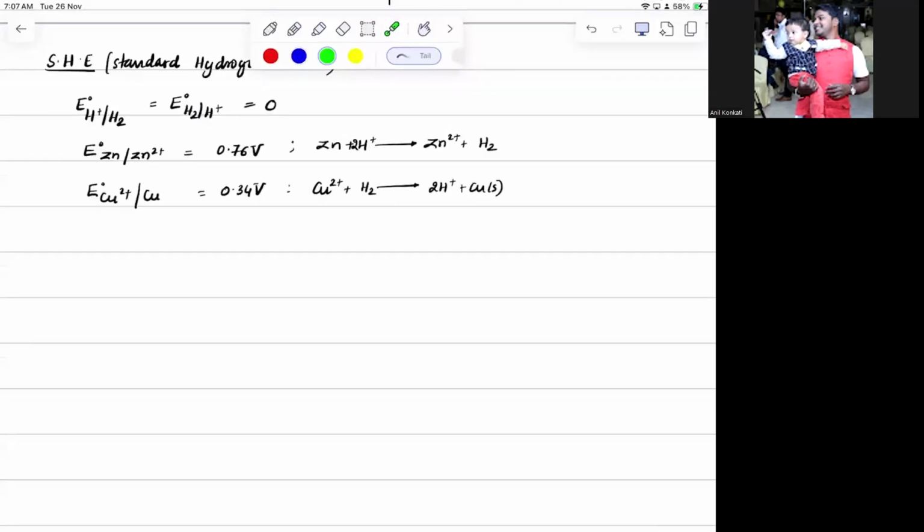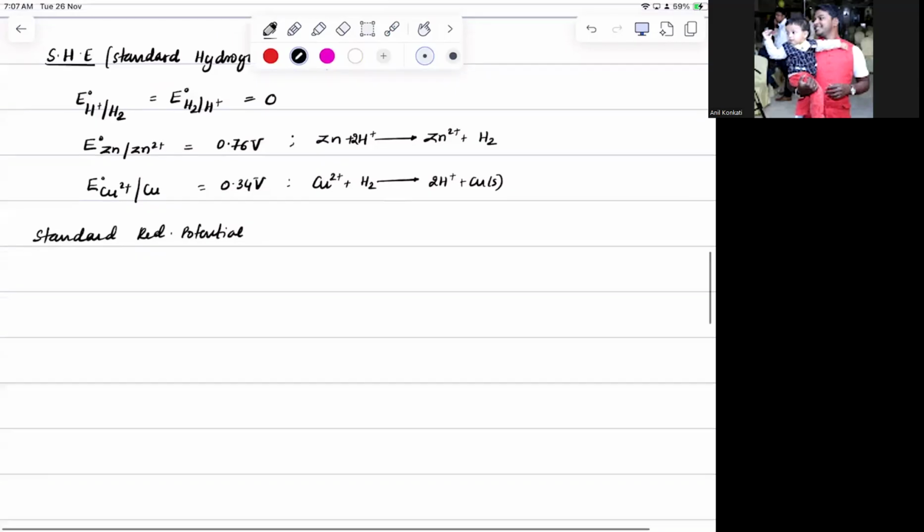Now, if I want to write every electrode potential only as a reduction potential, then that is called standard reduction potential. Standard reduction potential is extremely important to understand which one will overpower the other elements or molecules.